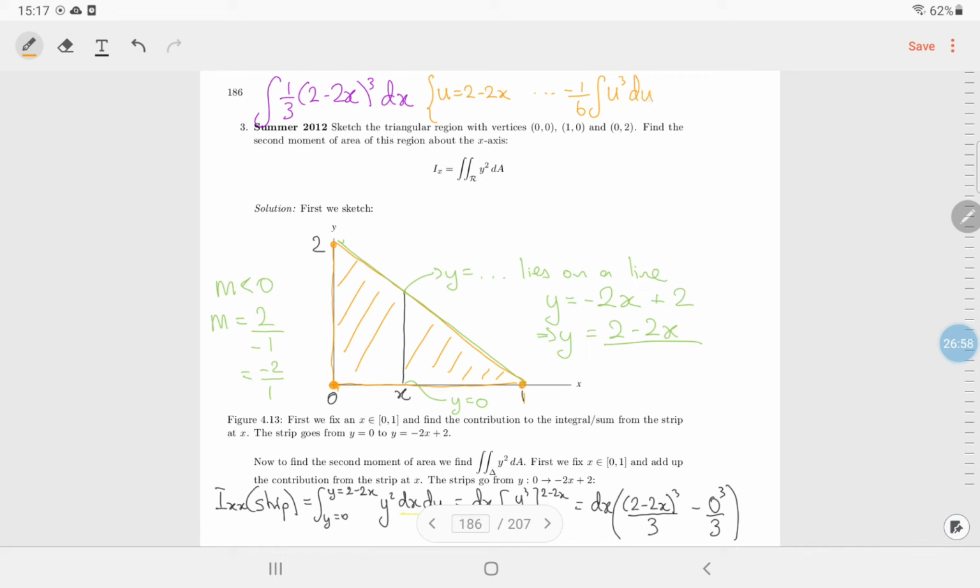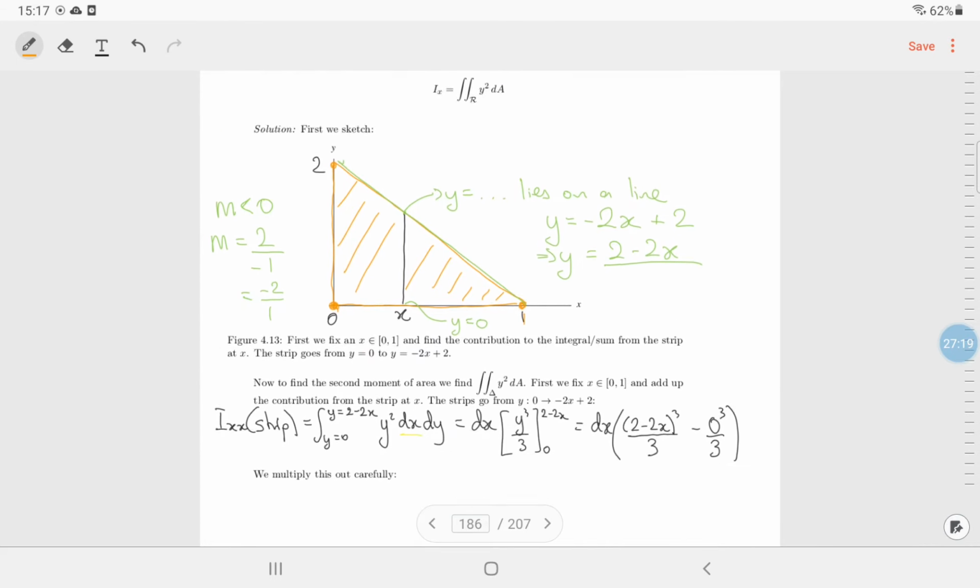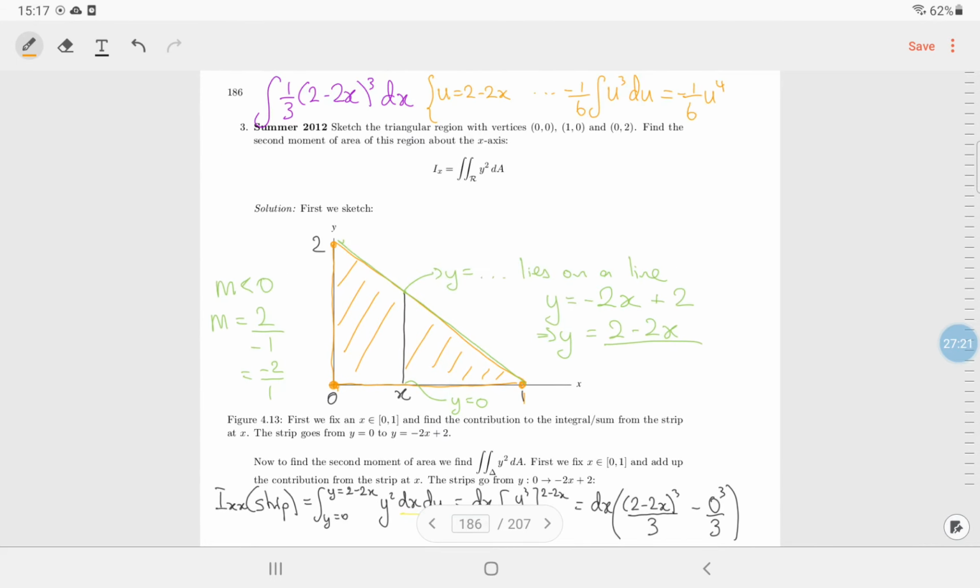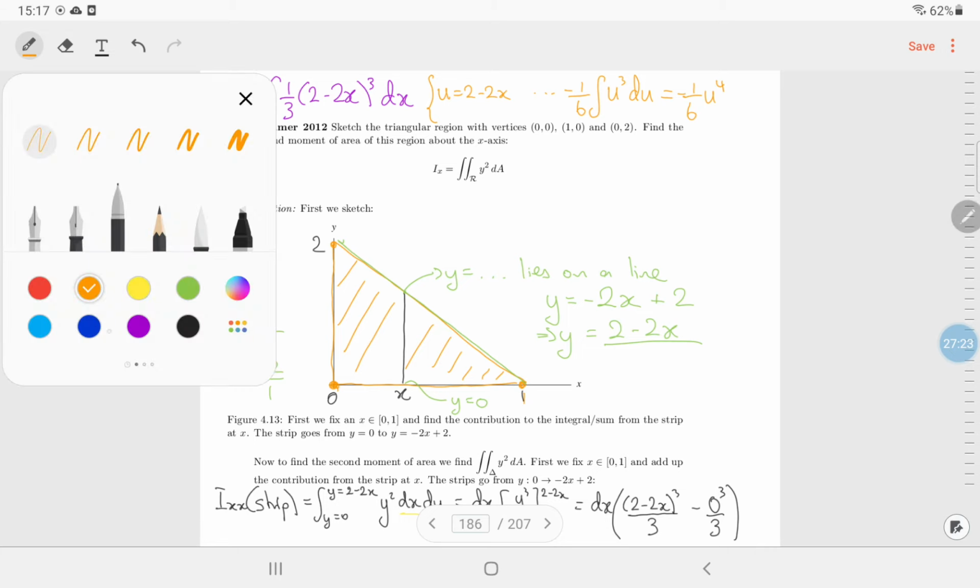And then that's minus 1/6 u to the 4, and then you put the u back in terms of x, and you do your x equal to your top limit minus your bottom limit. So there is that option, but I think while it might be a little bit longer, it's better just to multiply out the 2 minus 2x. So we're going to multiply out 2 minus 2x. I actually do notice another trick, just for the first time there.